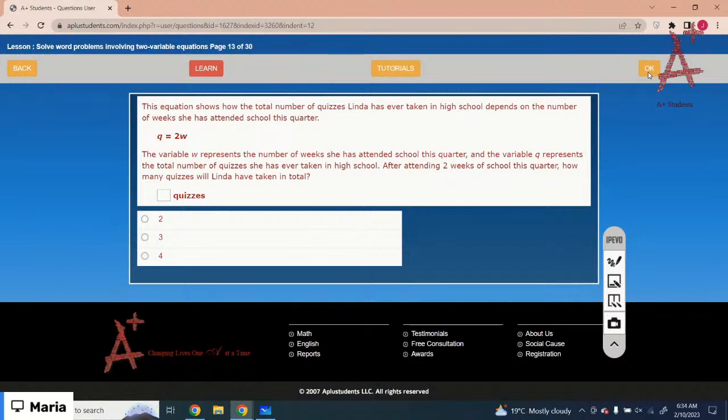So you have to replace the W with 2. So it would be 2 times 2 equals 4. Got it?